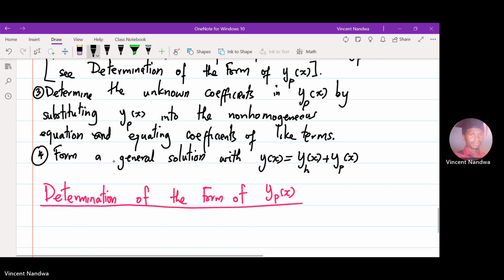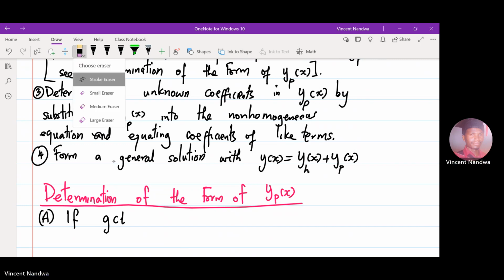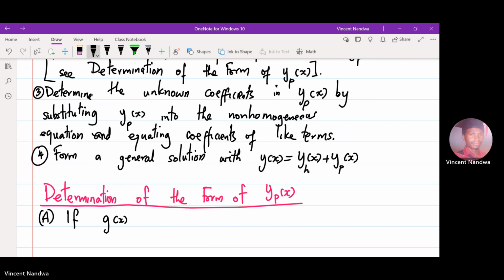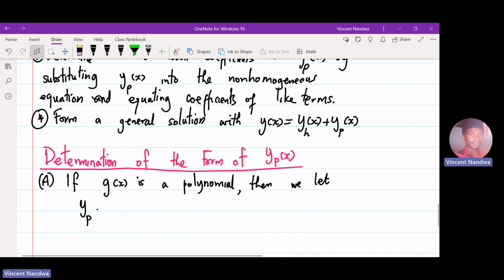First part: if g of x is a polynomial, then we let yp be of the form a naught plus a1 x plus a2 x squared plus a3 x power 3.